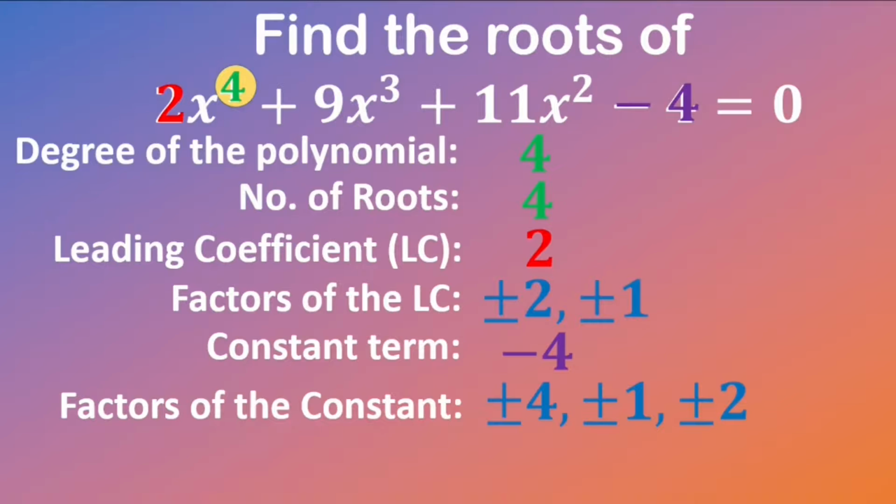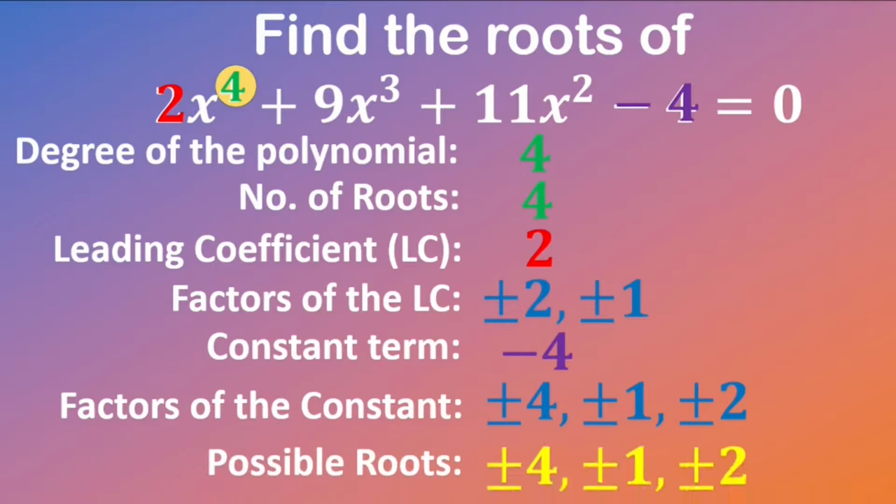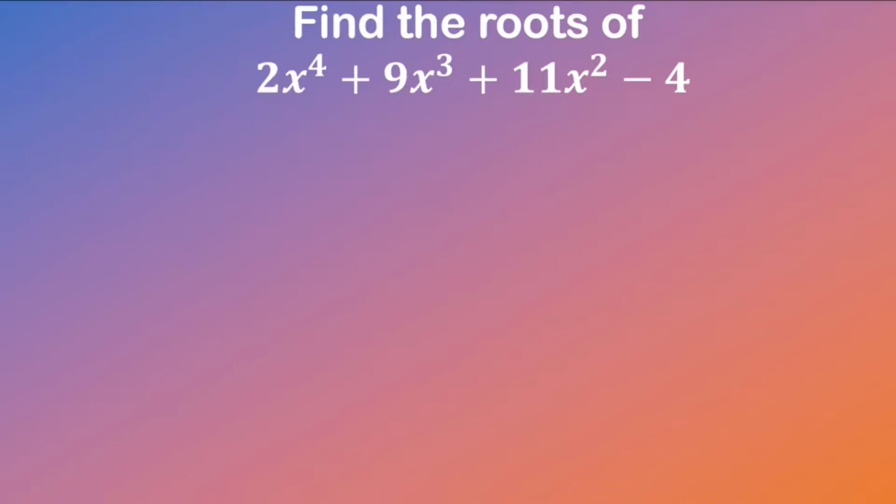Remember that the rational root theorem helps us easily sort out which factors of the constant we are going to use when finding the roots of a polynomial equation. Therefore, if these are the factors of the constant, according to the rational root theorem, these are the possible roots of the given equation. And with that, we will proceed with the solution.